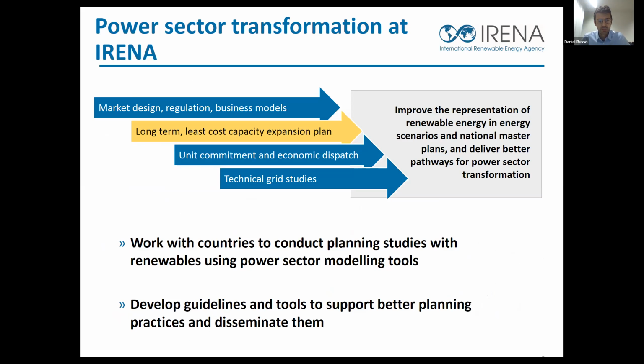But the topic of transforming the energy system is very complicated, and it's quite wide-ranging. What we focus on here in the Innovation and Technology Center in a little bit more detail is the power sector, specifically within the energy sector.